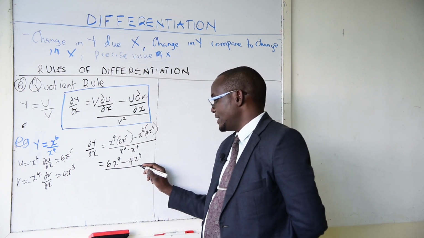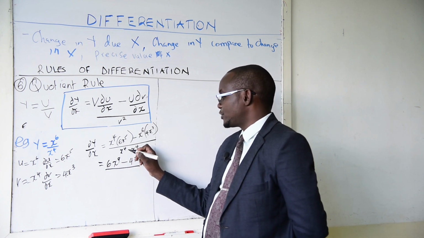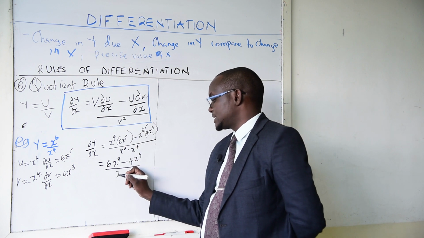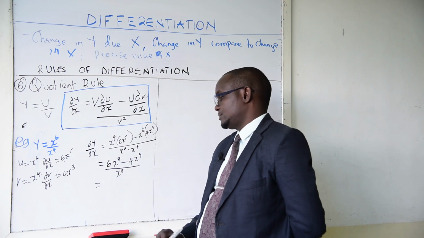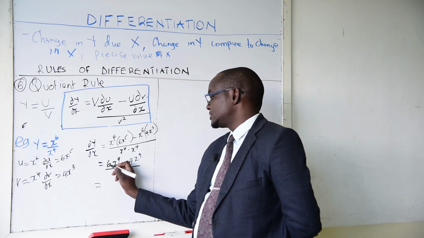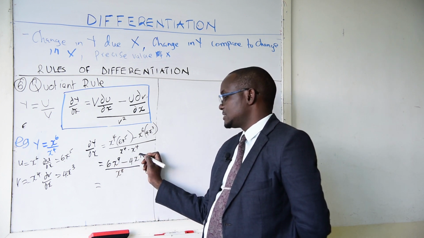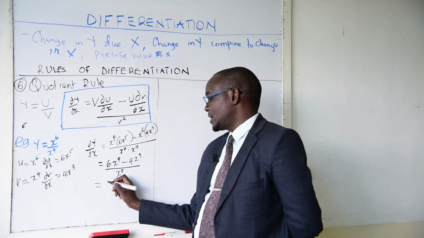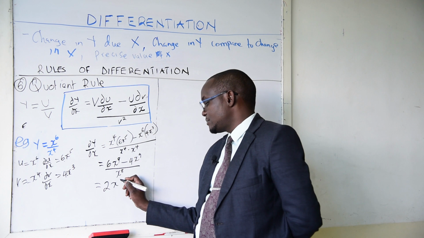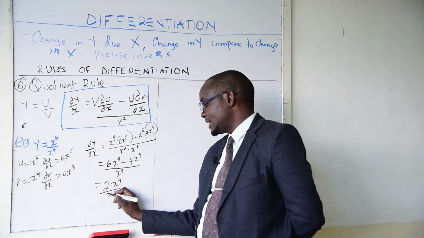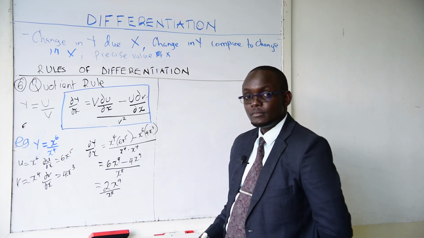Then you divide by x power 4 multiplied by x power 4, you take 4 plus 4, you get x power 8. This means our answer is as follows: 6x power 9 minus 4x power 9, you get 2x power 9 divided by x power 8.